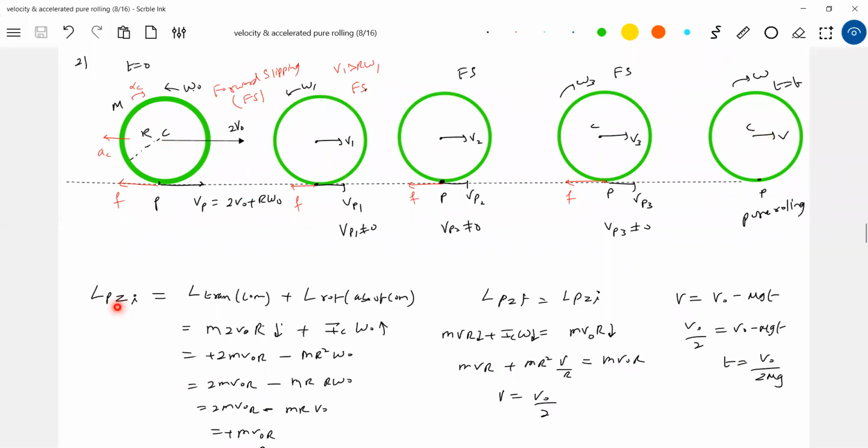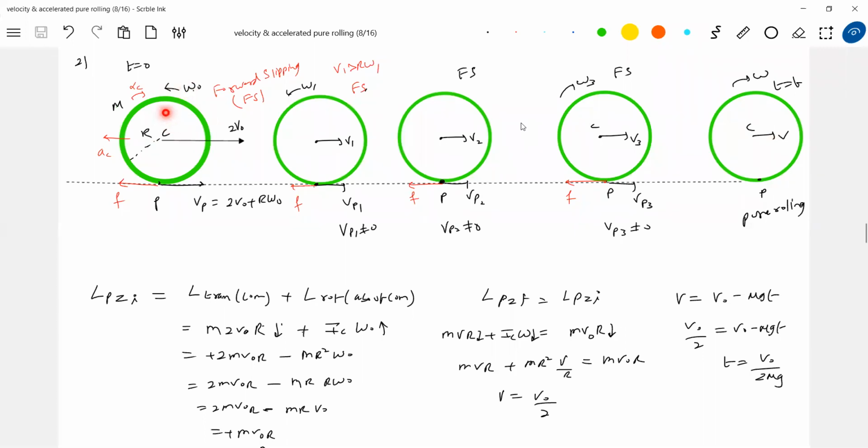Because the initial angular momentum we got is positive, the final angular momentum should also be positive, that is, clockwise. But omega is anti-clockwise. So how does this directional change happen? First I should decrease this omega naught, then it becomes 0, then it increases.